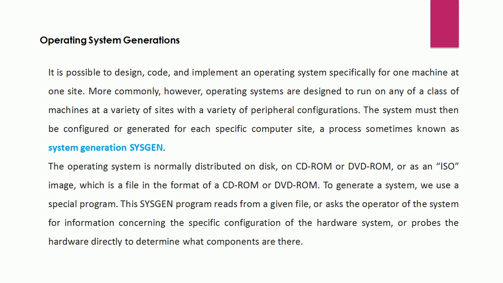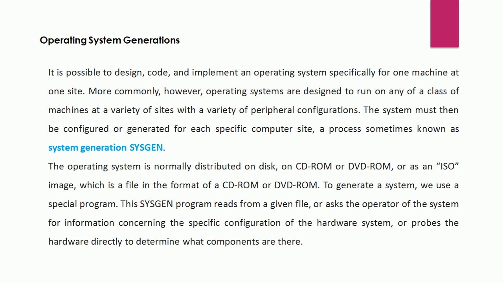The operating system is normally distributed on a disk, CD-ROM, DVD-ROM, or as an ISO image, which is a file in the format of a CD-ROM or DVD-ROM.